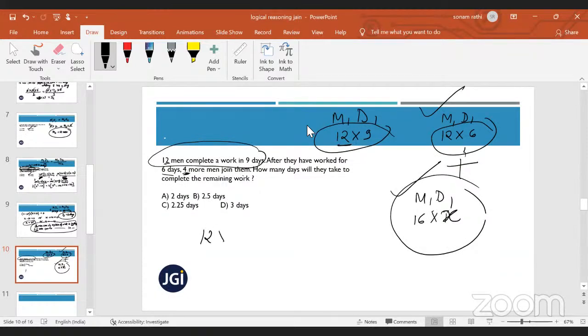So 12 into 9 is equals to 12 into 6 plus 16 into X. Calculate and tell me the answer for X.